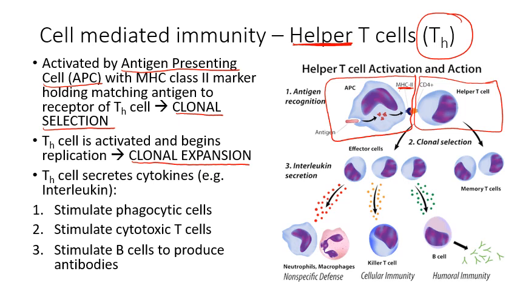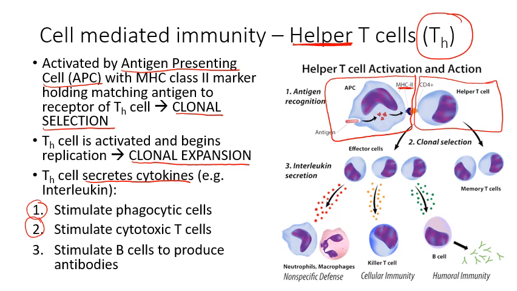As soon as these cells have been replicated, these newly created T helper cells are able to secrete cytokines. Those cytokines, their role, actually quite a few roles that it can perform, but the main ones are to continue to stimulate phagocytic cells, so the ones in the second line of defense, and sort of ramp up their production and encourage them to keep doing their job.